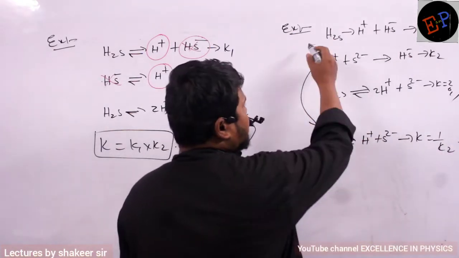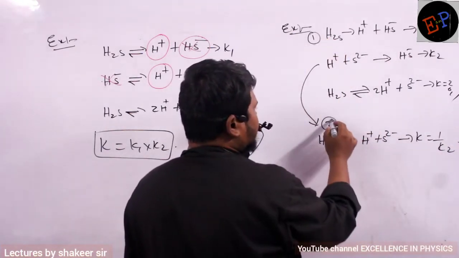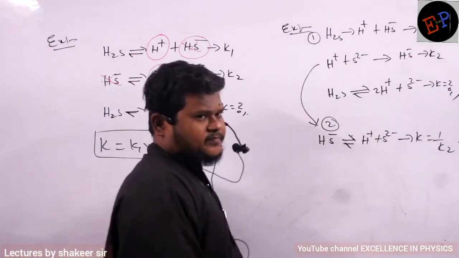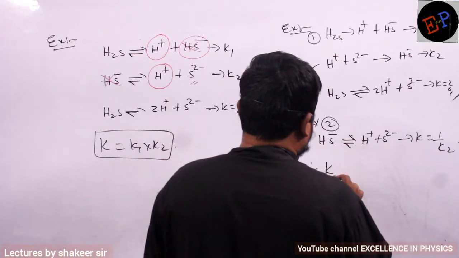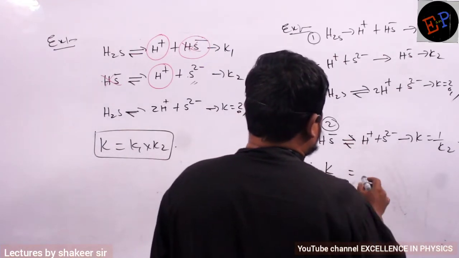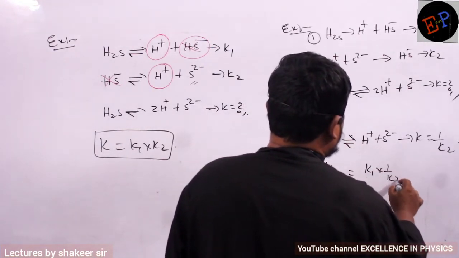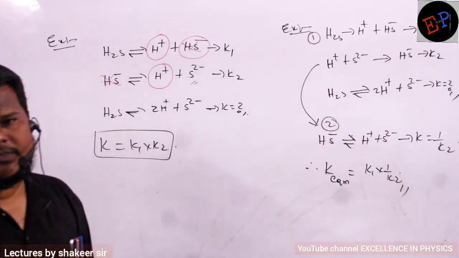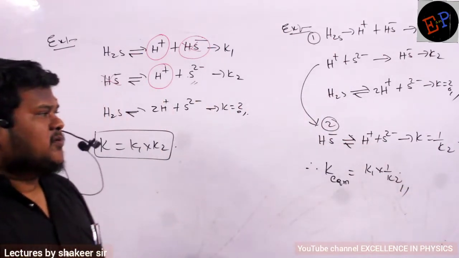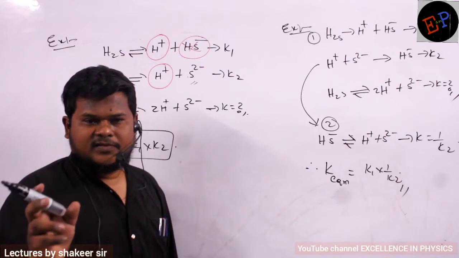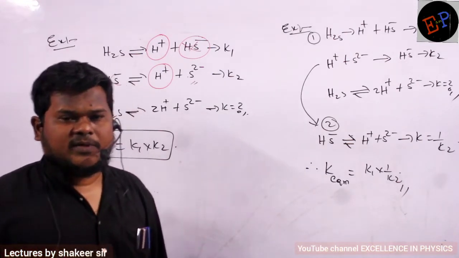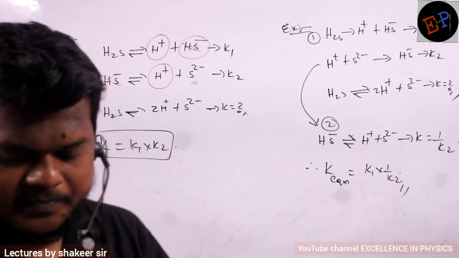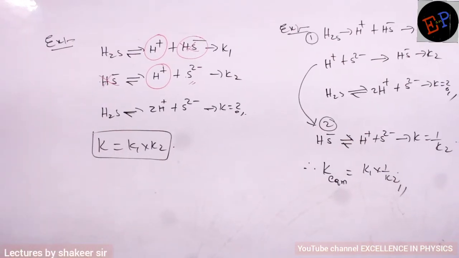And this is the correct sequence: first one followed by second one, and this is the final result. So what is the total K value? The total equilibrium constant of the reaction I can write as K1 multiplied by 1 by K2. That's all. Understood now? So you always have to follow the correct sequence. If the sequence is reversed, you just reverse the equilibrium constant also. That's it. Make a note.